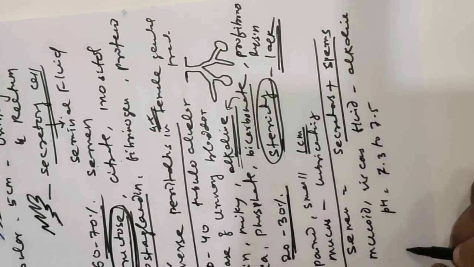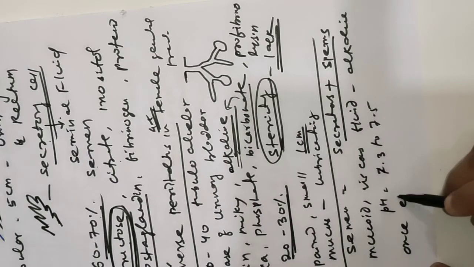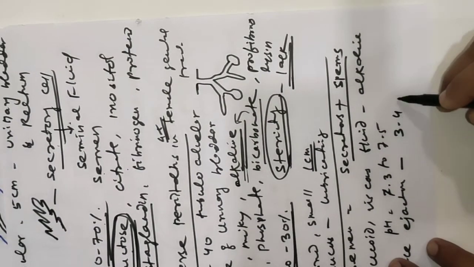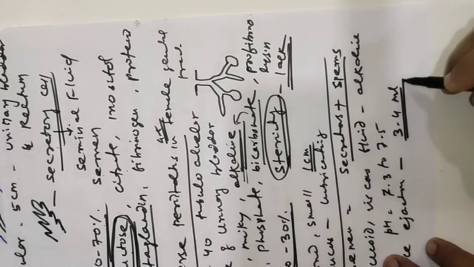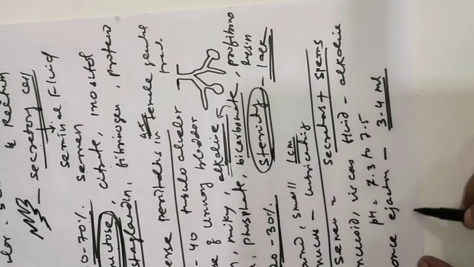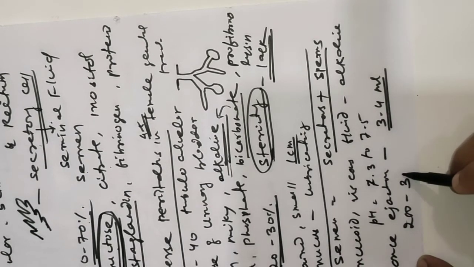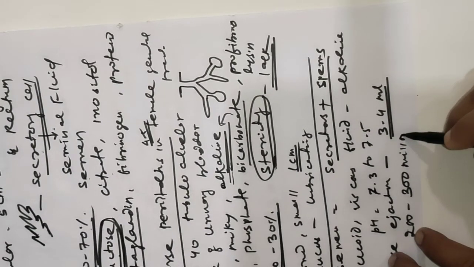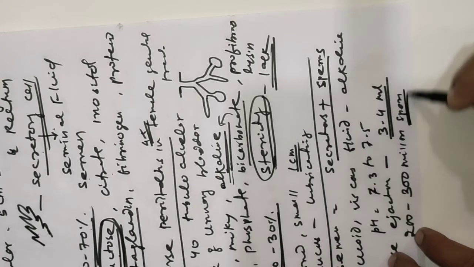Once ejaculation occurs, about 3 to 4 ml of semen is released, which contains about 200 to 300 million sperms.